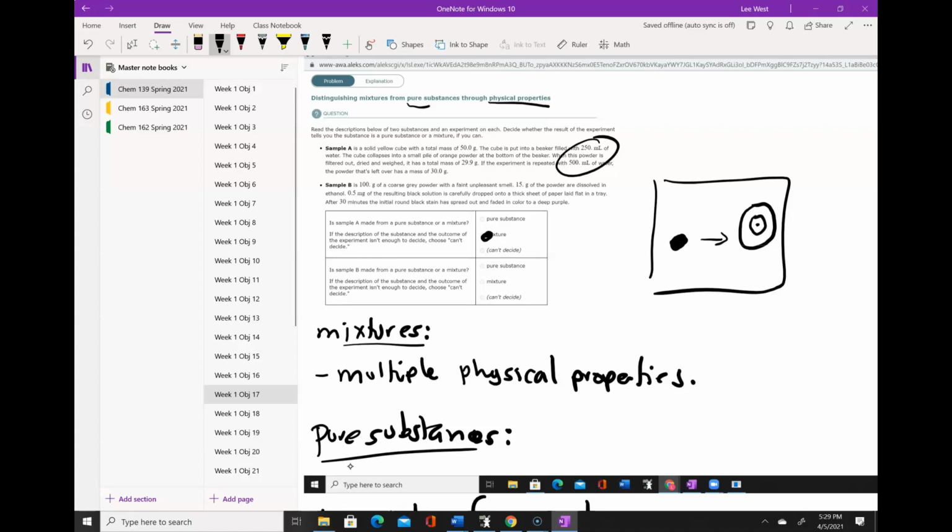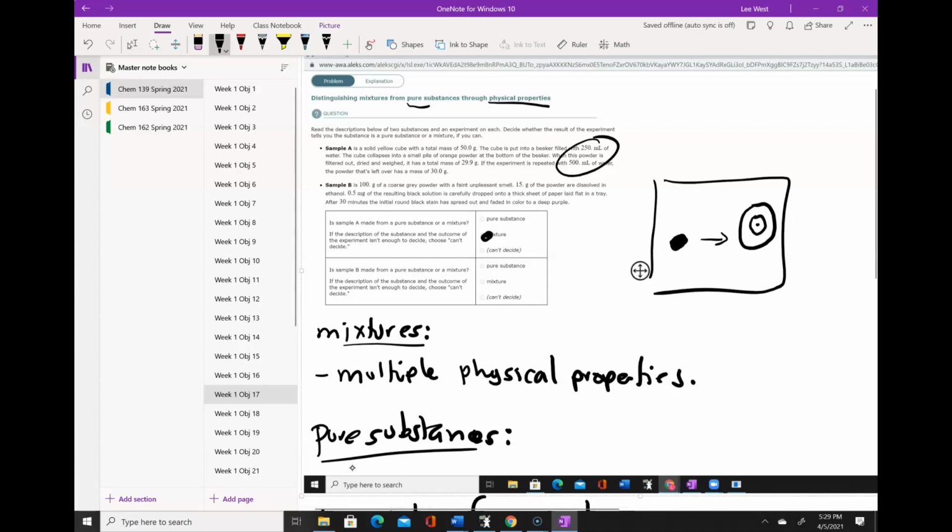And the reason being is that it's made of multiple substances that interact with the paper to different extents. And we actually can use this in chemistry to separate out different things from a mixture. So it's called paper chromatography.